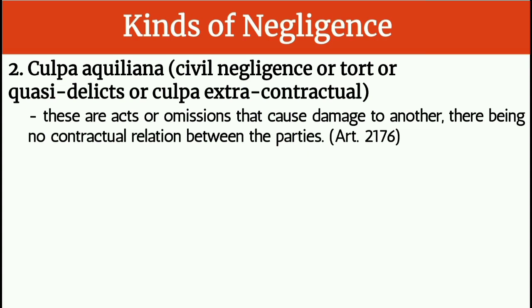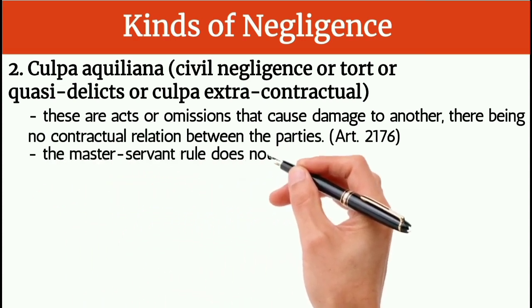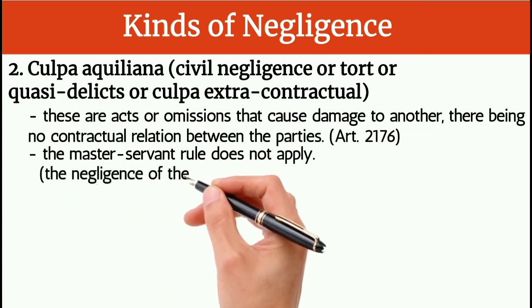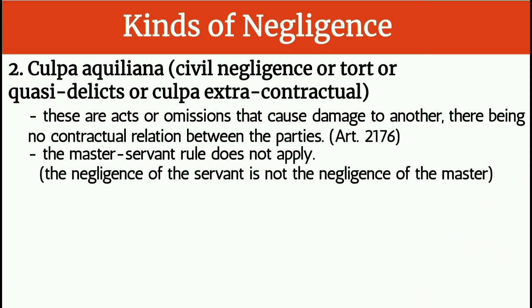In culpa aquiliana, there is no pre-existing contractual relation. That means there is no contract between the parties involved. In culpa aquiliana, the master-servant rule does not apply, meaning to say, the negligence of the servant is not the negligence of the master. Or we can say that the negligence of the employee is not the negligence of the employer.